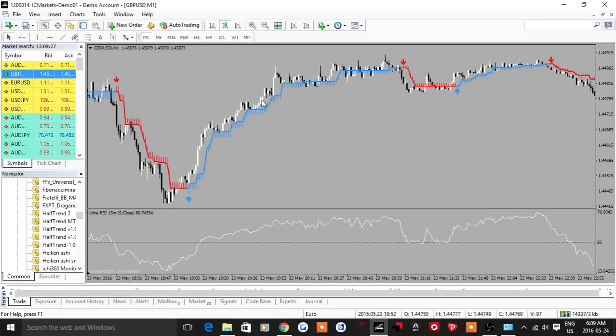I mean, making 100 pips on hourly chart with a mini lot is the same as making 10 pips on 1 minute chart with a standard lot. So as long as you're sure your stop loss is secure and you know when to exit, it really doesn't matter what time frame you're trading, unless you have like $1 million in your pocket and you're trading 50 lots on hourly chart.